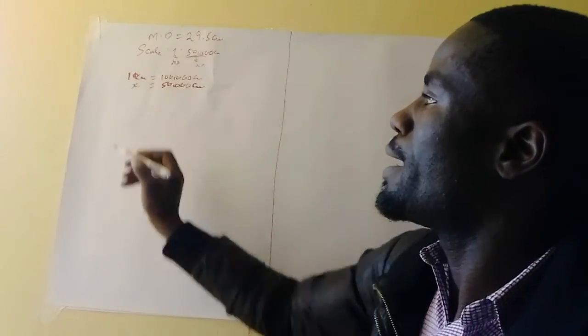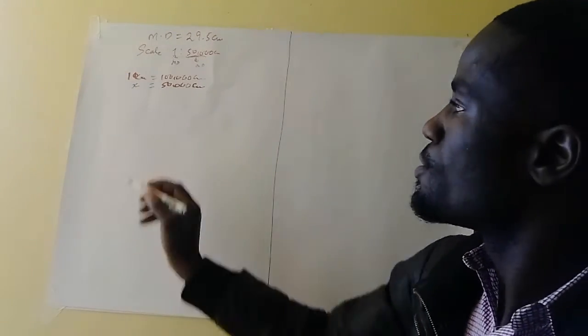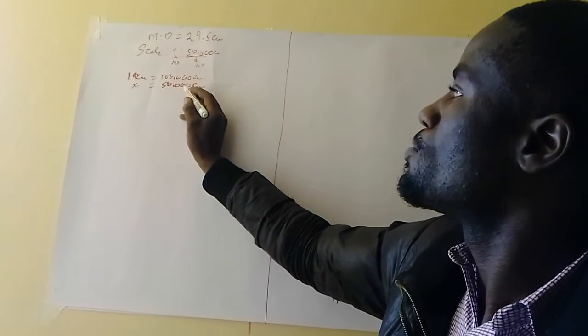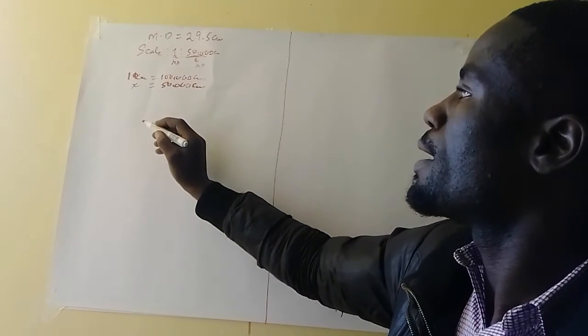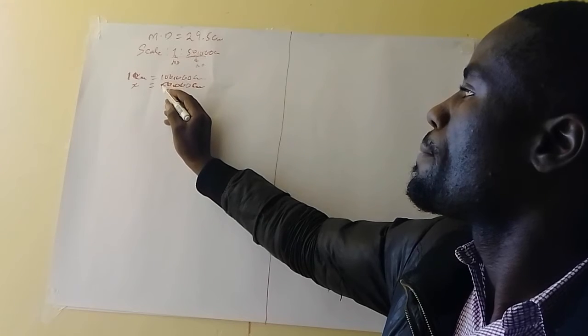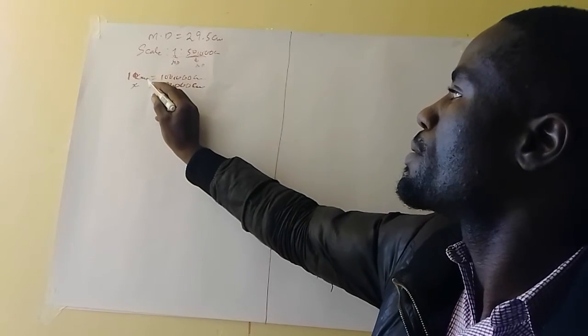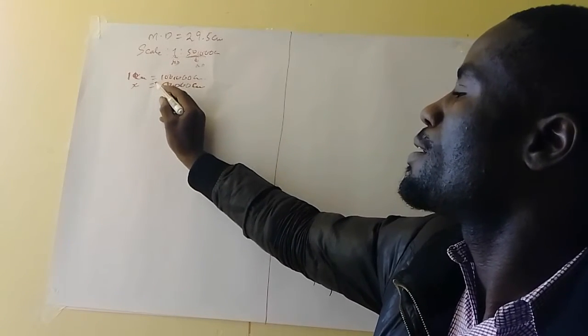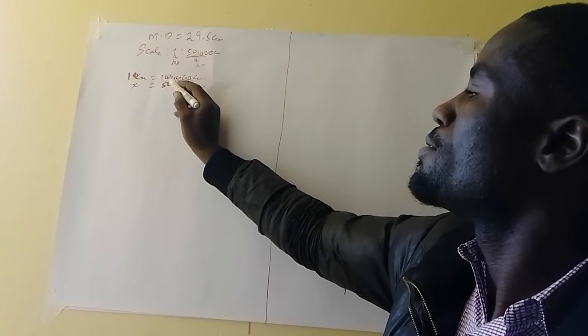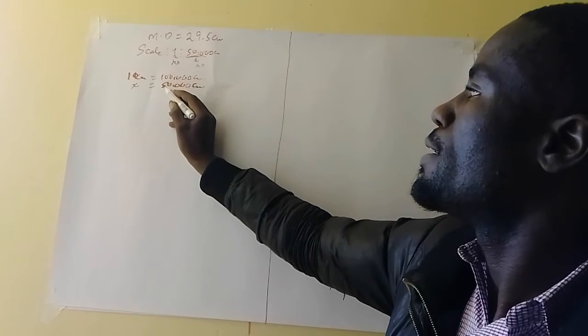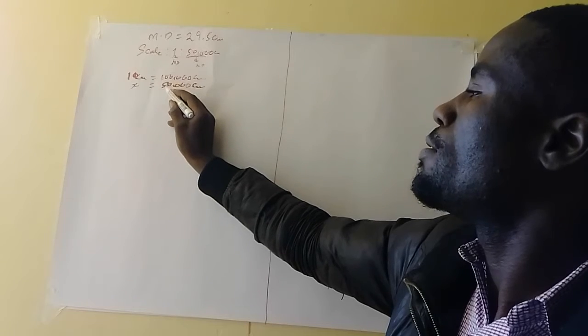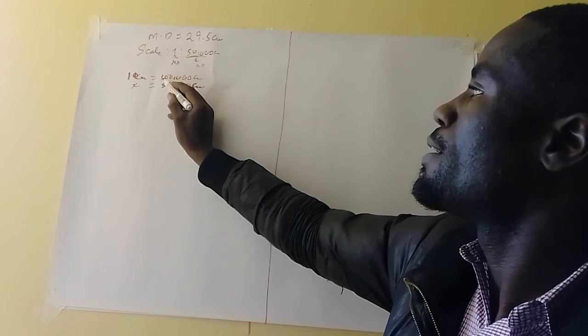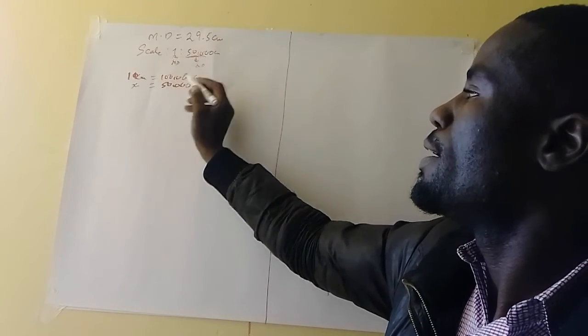What is that in actual ground? When you cross multiply, this one and this one will cancel. We shall remain with a half. 50 over 100 will give us 1 over 2.